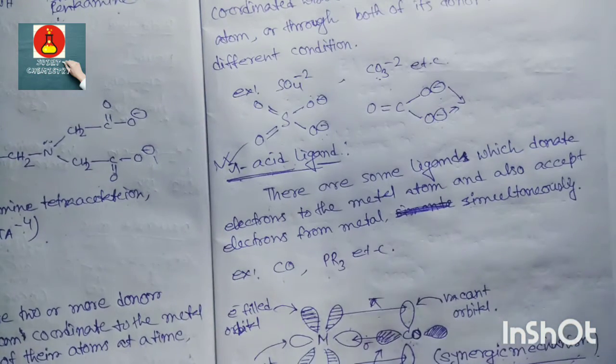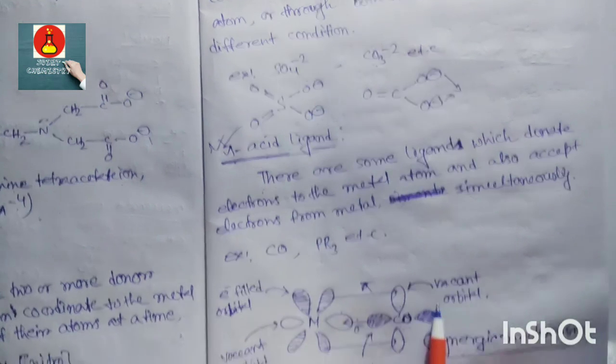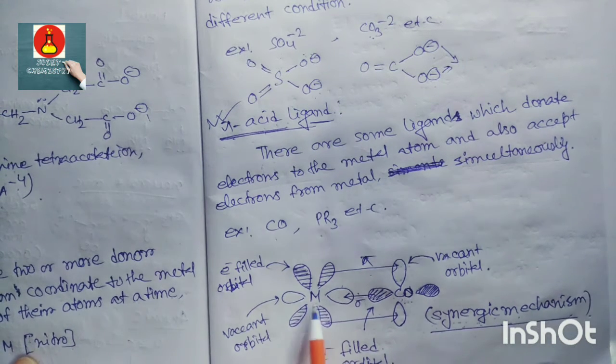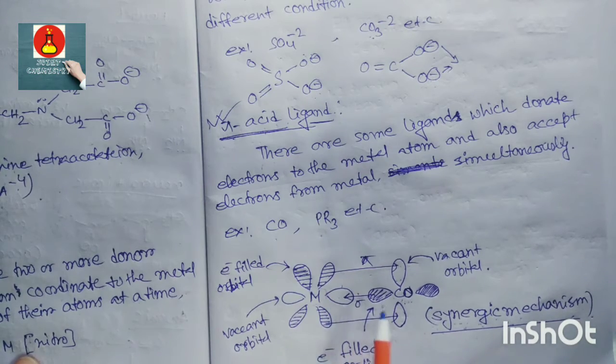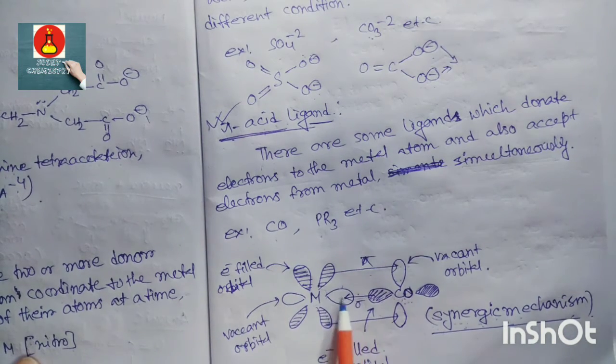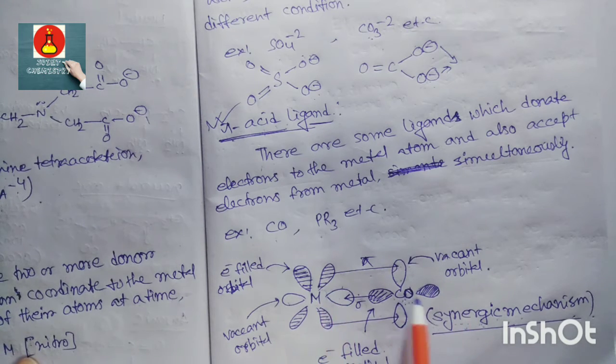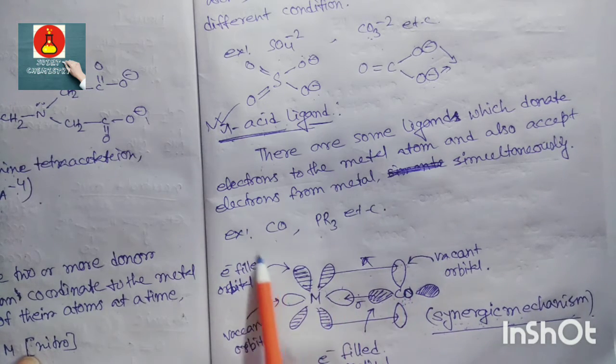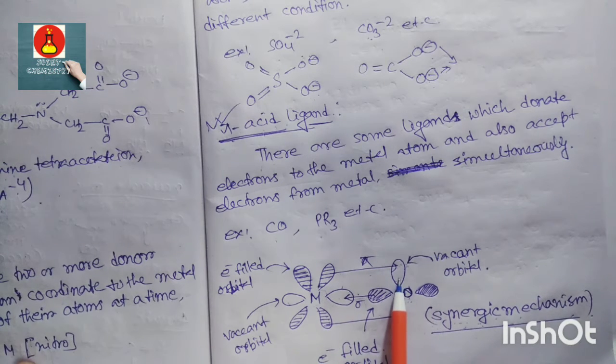Now if we see the CO ligand, the mechanism is something like this. I draw a very simple form of this mechanism to understand it. The metal accepts electrons from the CO into its vacant orbital. Then the CO ligand accepts electrons from the metal's electron-filled orbital into its vacant orbital.